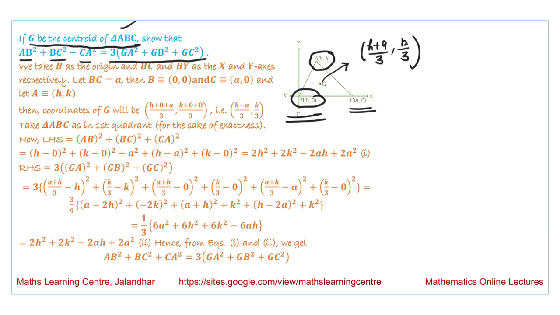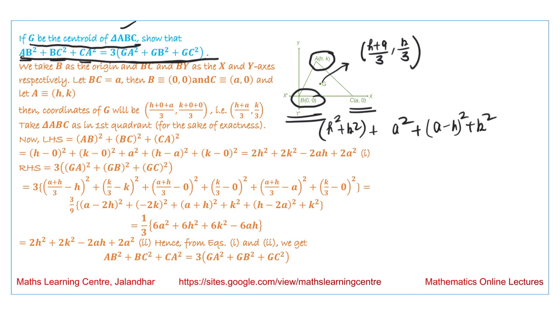Now if we substitute the values in this formula, we are saying it is AB square. So AB square is h square plus k square. Then it is BC square. The length of BC is a, so a square, and last we have CA square. So CA square is (a minus h) square plus k square.